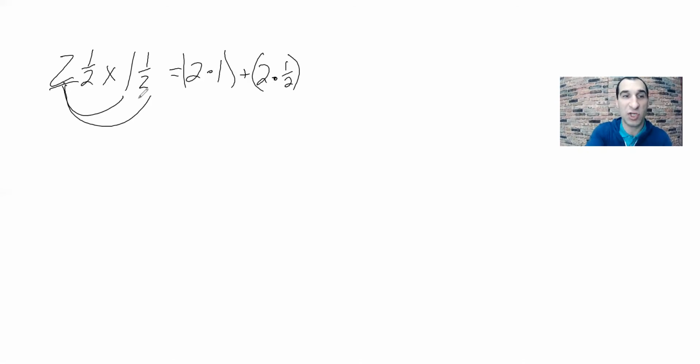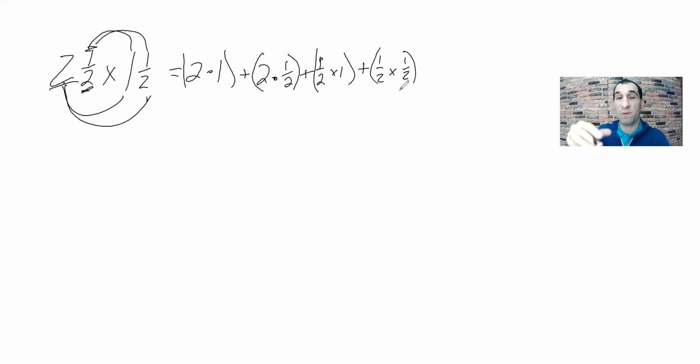We multiply the 2 by both these numbers, add them, and now we multiply the 1/2 by both of these numbers. So then we're going to do 1/2 times 1 and add that to 1/2 times 1/2. If we remember order of operations, I have now a lot of parentheses, and I can add these together in this way.